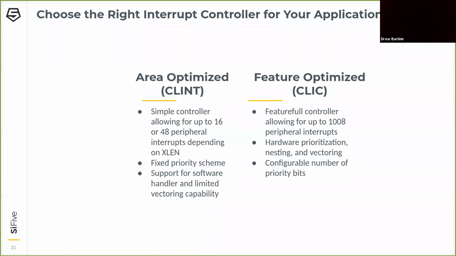In addition, it is configurable with a configurable number of priority bits, and these control the number of interrupt nesting levels, for example, and allow customers to tune the area of the interrupt controller to meet their application performance and area requirements.